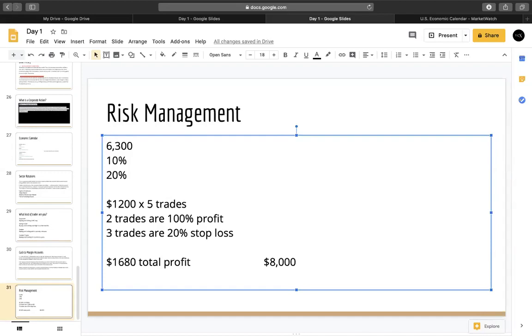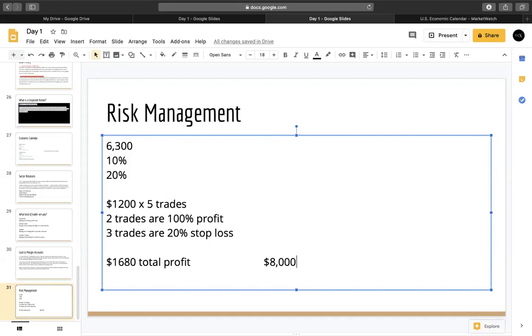What did you not have to do to get it to 8? You didn't have to go all in and try to flip your money right away. You didn't have to get into an 80% position. All you had to do was find 2, 3 opportunities, let these opportunities come to you, and take advantage of it.